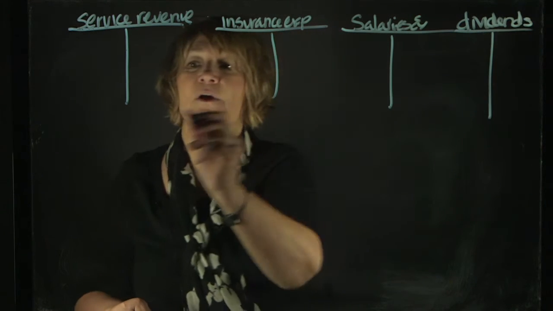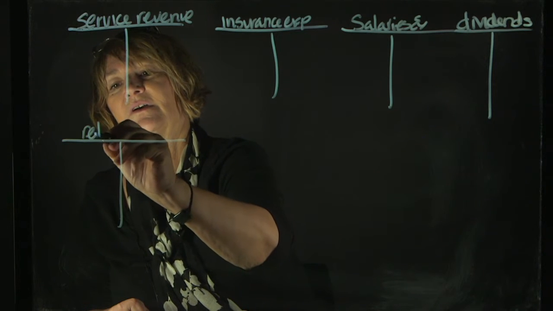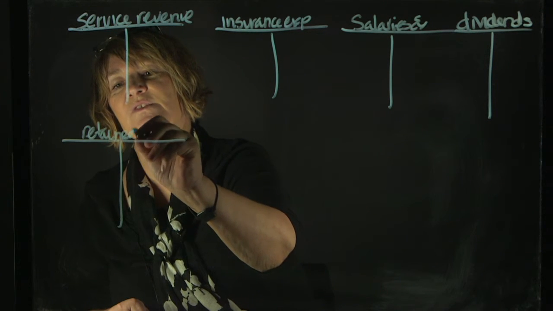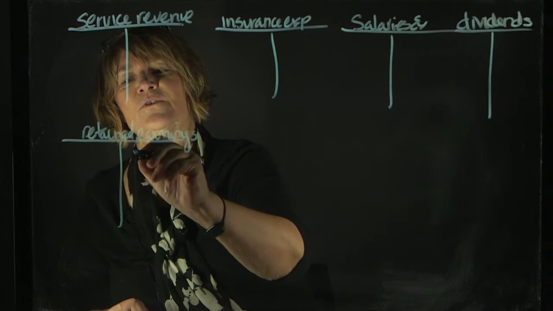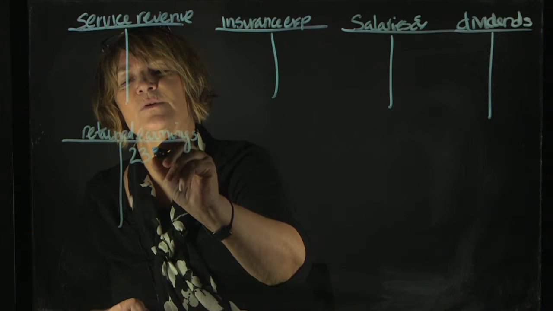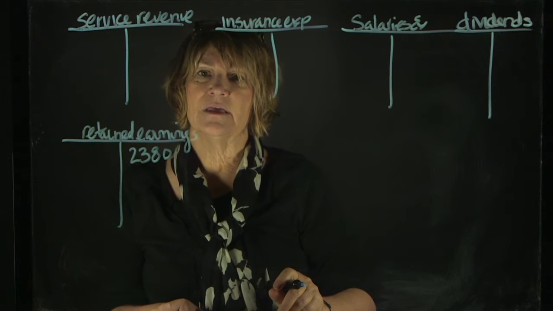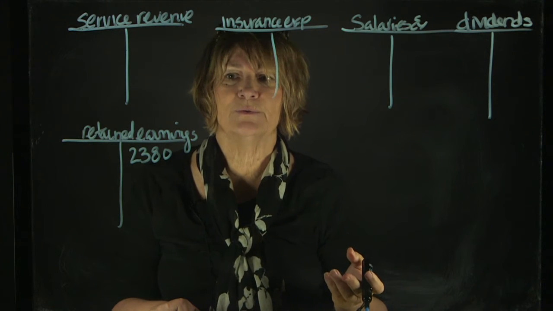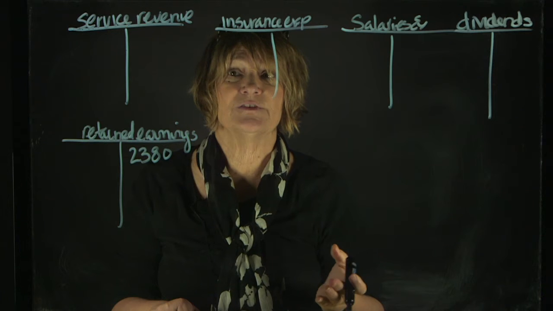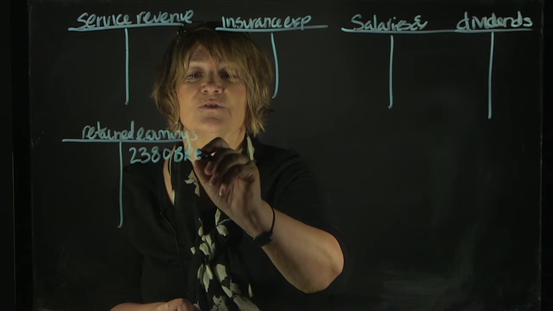Okay. I'm going to go ahead here also and list the retained earnings, because that's on the trial balance as well. And you can see that here, you have a $2,380 balance in this account. Typically, in the problems that we've been seeing on Cengage, it's either been 0 and no beginning balance. So in this case, this represents the beginning balance in retained earnings.